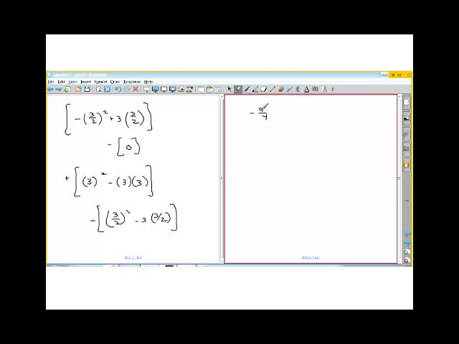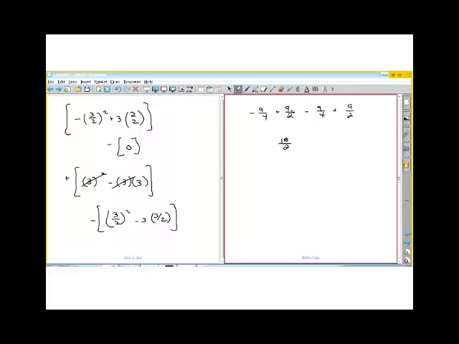So we'll get negative 9/4 plus 9/2, and then we'll get plus 9 minus 9. So that part goes to 0. Then you'll have negative 9/4 plus 9/2. Again, negative times negative is a positive.